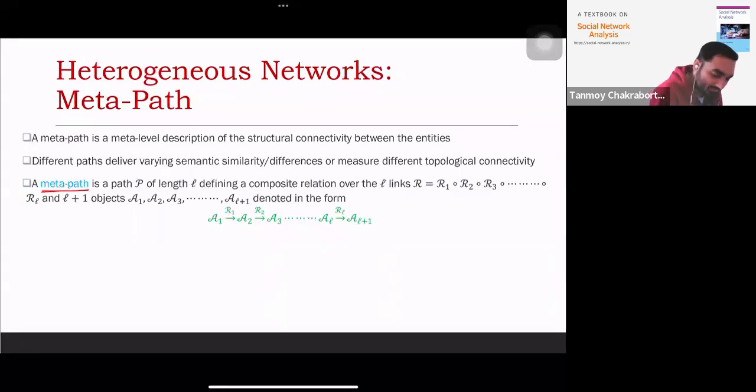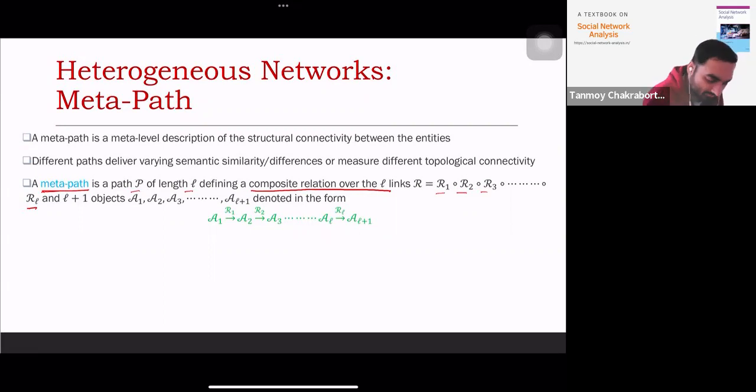A metapath is a path of length L defined by a composite relation over L hops. The composite relation looks like this: R1, concatenated by R2, then R3, dot dot dot, RL, and it connects L plus one types of nodes.